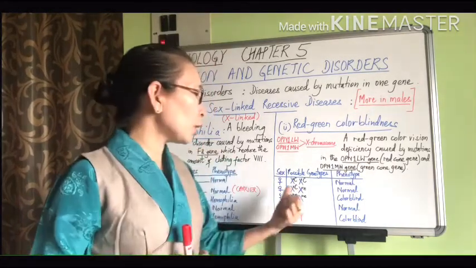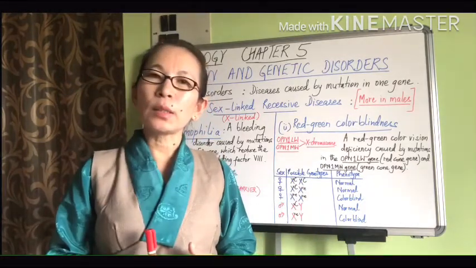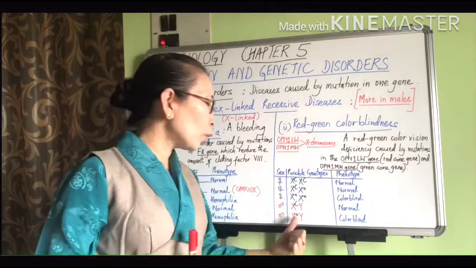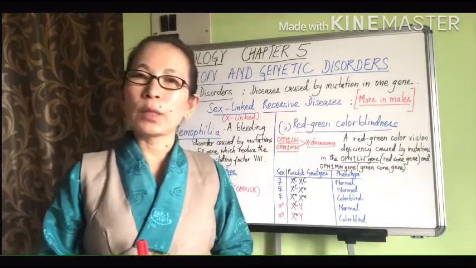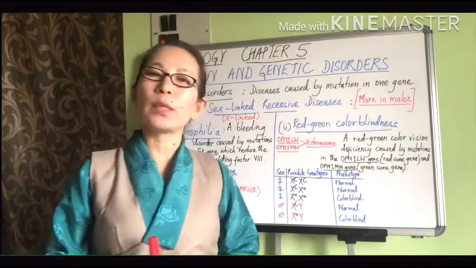Hence, in the heterozygous state, females are not affected with X-linked diseases, whereas males who have only one X chromosome with one copy of the defective or recessive allele are going to express the disease.